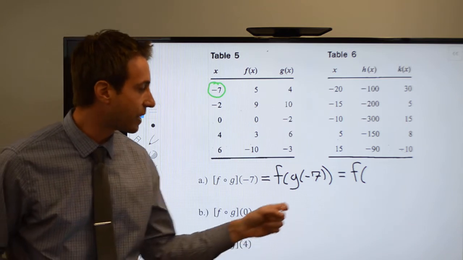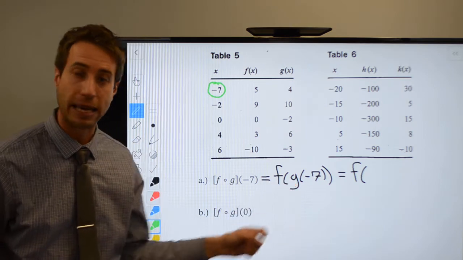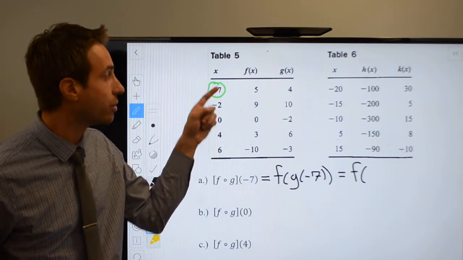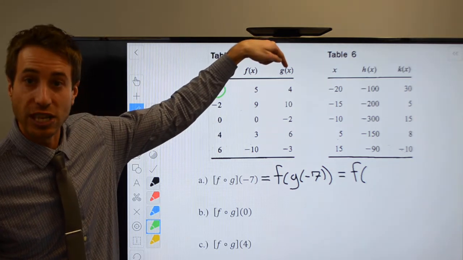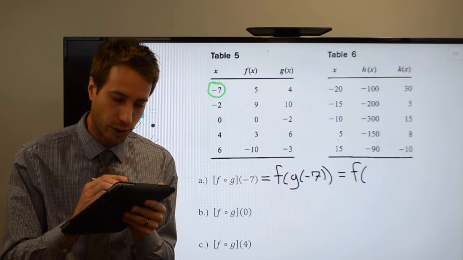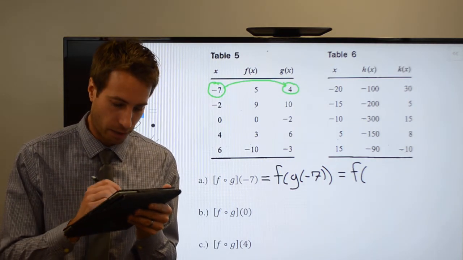Now, I need to figure out when I plug negative 7 into g, what do I get back? Well, I plug the x value of negative 7 into the function, there it is, g of x. So when you plug in a negative 7, g of x is equal to 4.